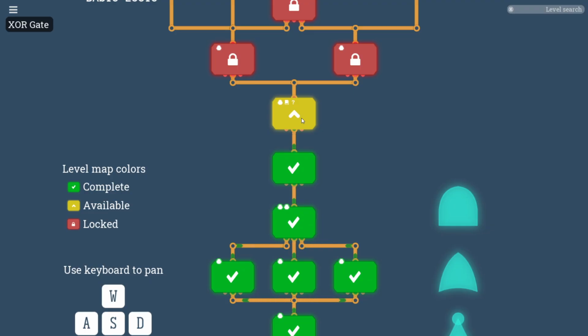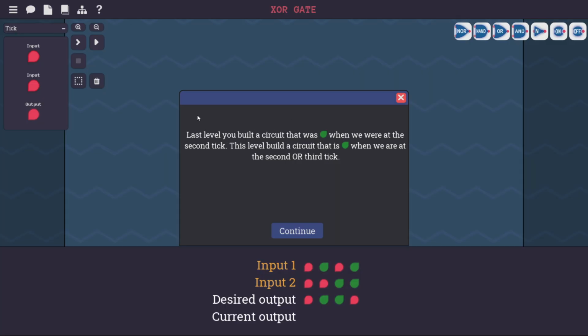Our next and probably final for this class should be XOR, right? So XOR is an exclusive OR gate. So let's just see what it talks about.